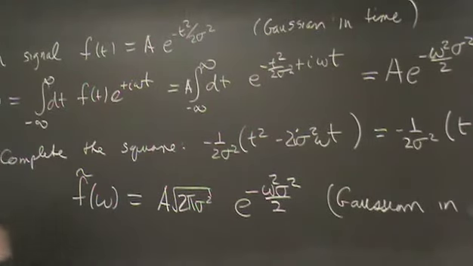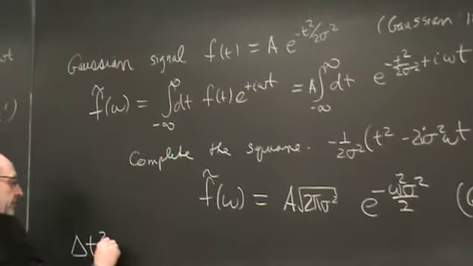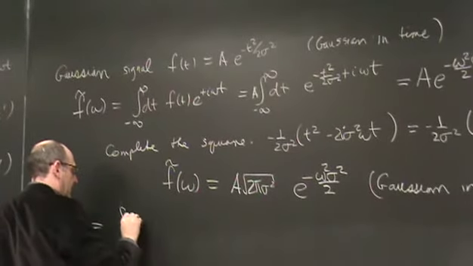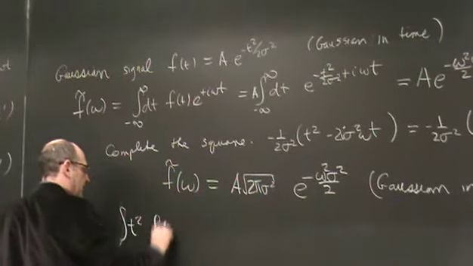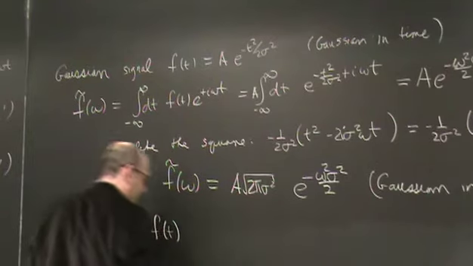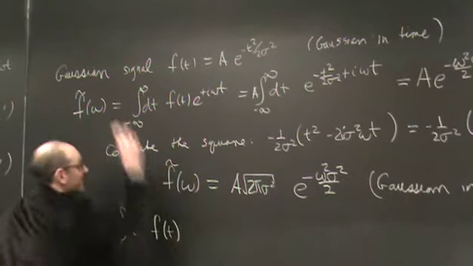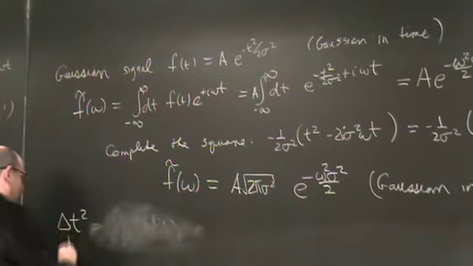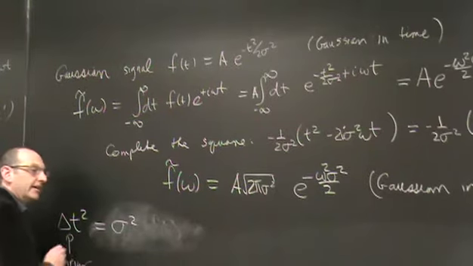So here, note the variance, which is, well, anyway, I have to normalize it, and that's not normalized. But in this case, the variance of the function was sigma squared.